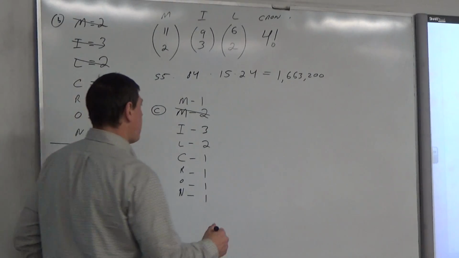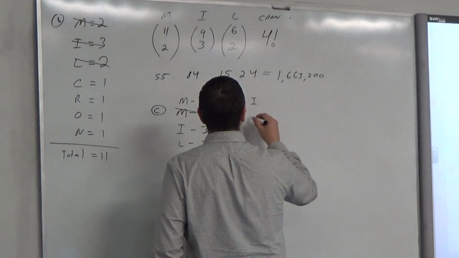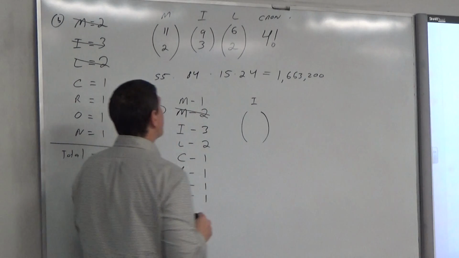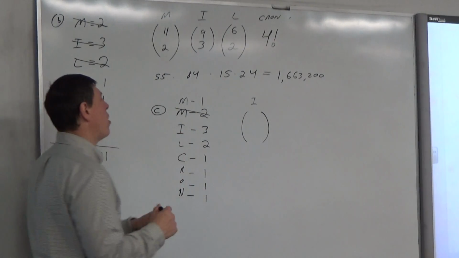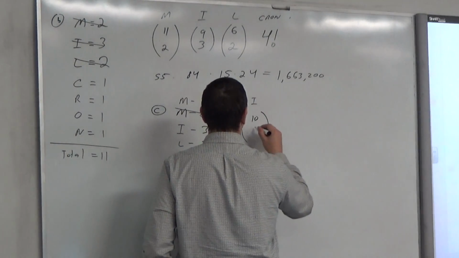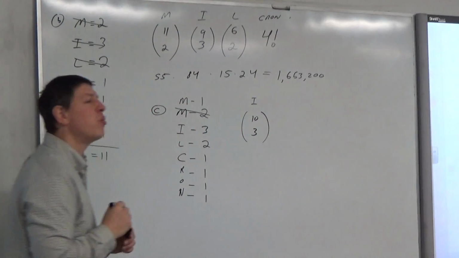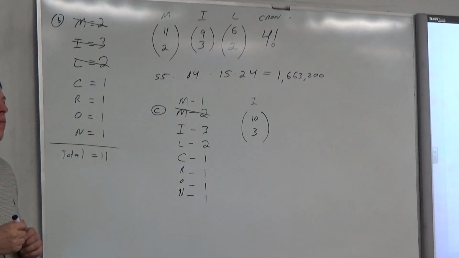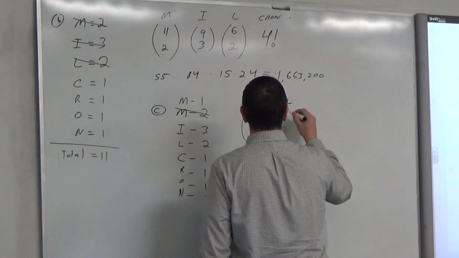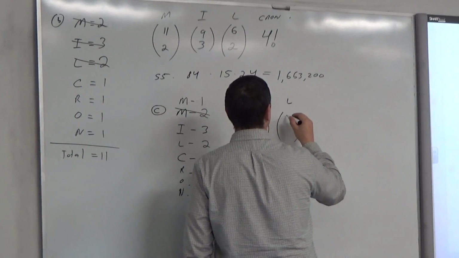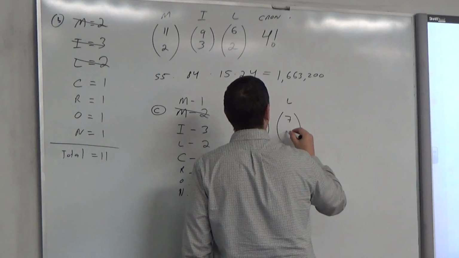If I was to pick the I's, what's the combination that would represent I's? 10 choose 3, right? Not 11 choose 3. We have to use 10 because we've already selected one of the M's. Is that good with everybody, guys, as to why it's not 11? For the next one, the L's, what would be the setup? 7 choose 2.